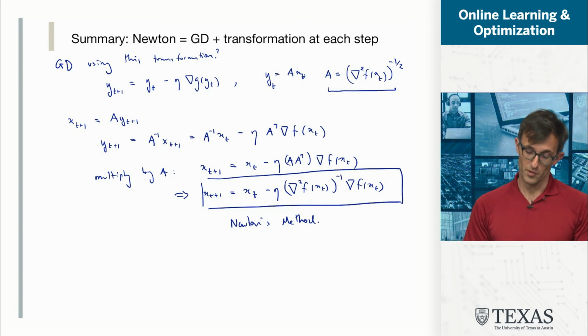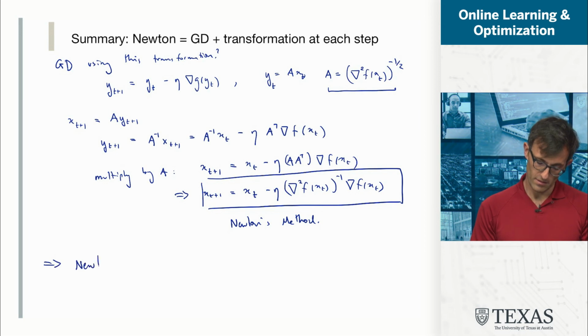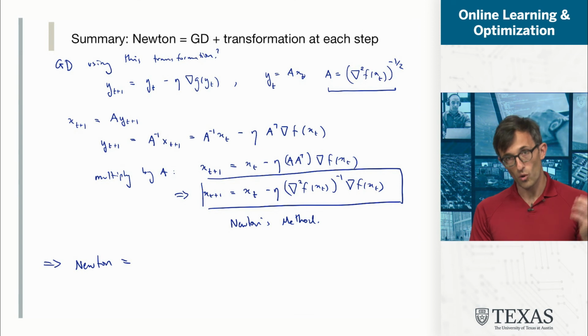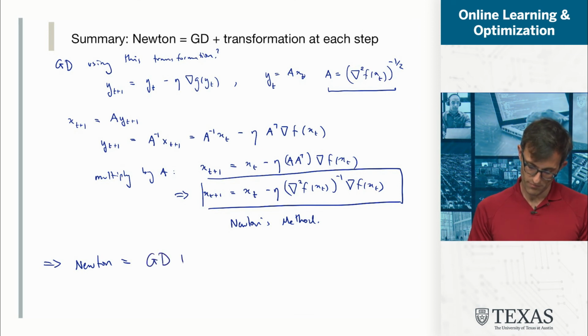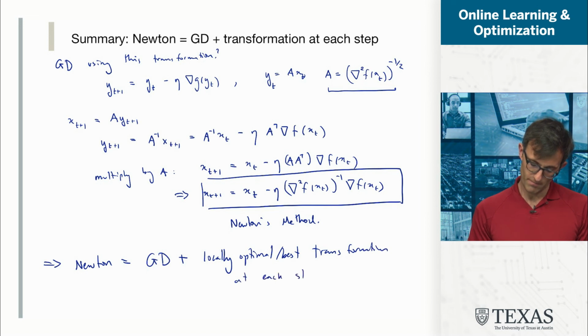So therefore the summary of the slide: Newton's method is exactly gradient descent with the right transformation at every single step, the locally optimal or best transformation at each step.